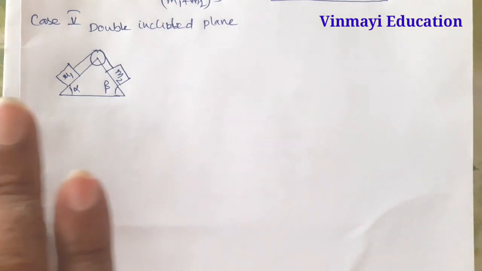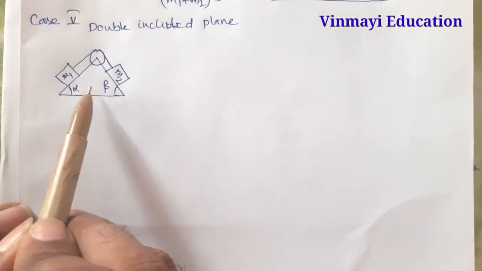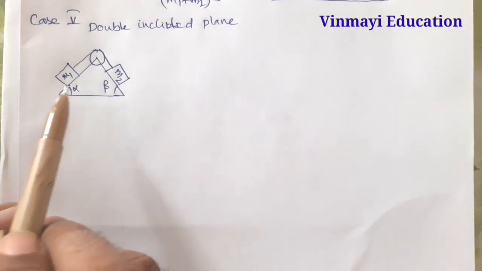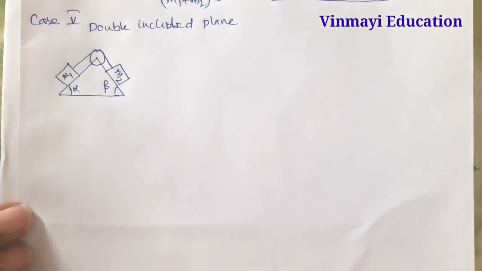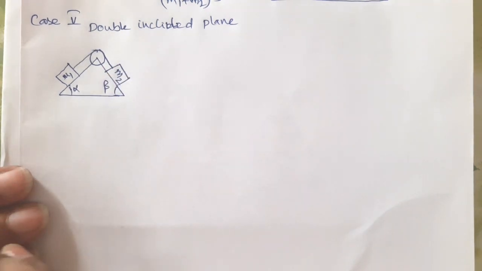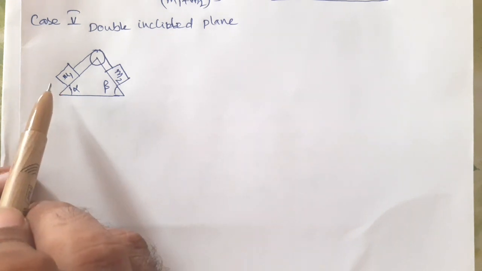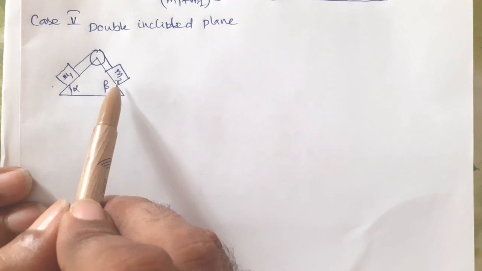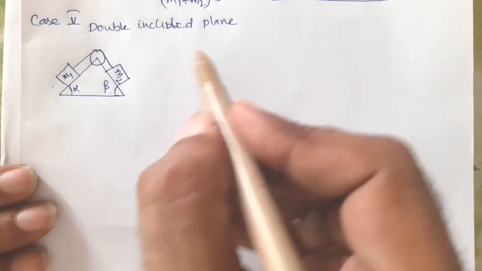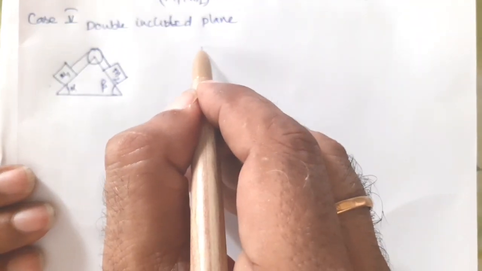Now here also you have to calculate the resultant acceleration as well as the tension. For this we have to resolve the weight on this side as well as on this side. Now the resolution is shown clearly.